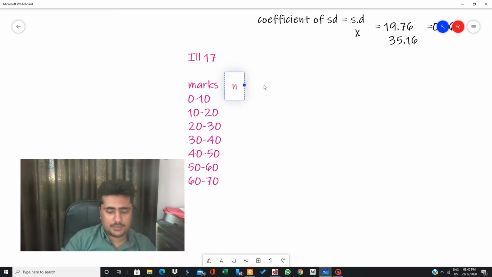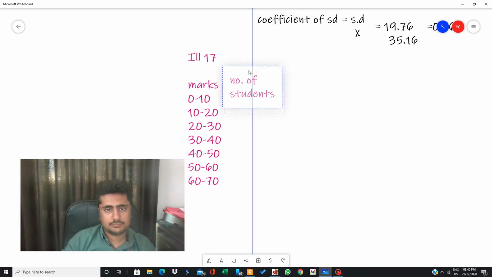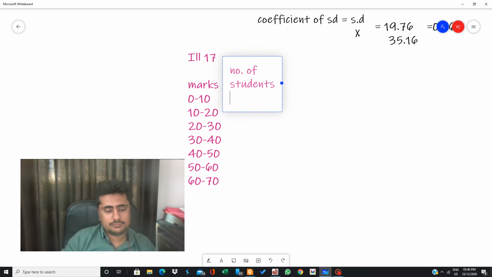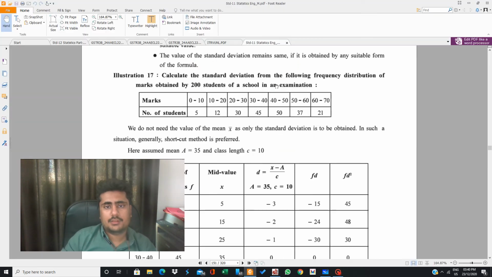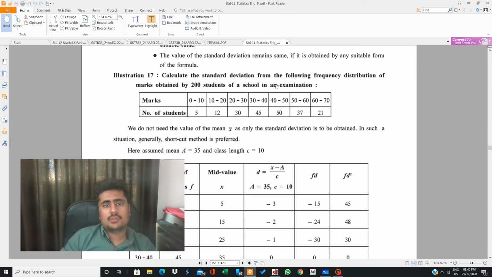Number of students: 5, 12, 30, 45, 50, 37, 21. So total there are 200 students.